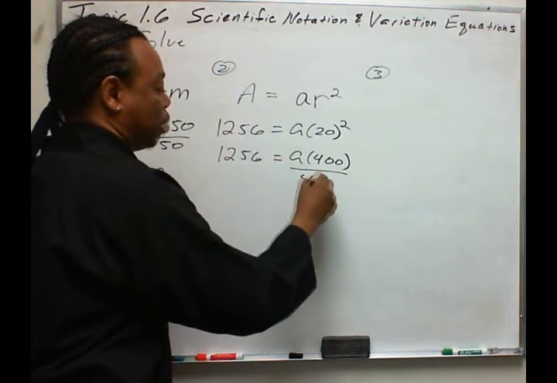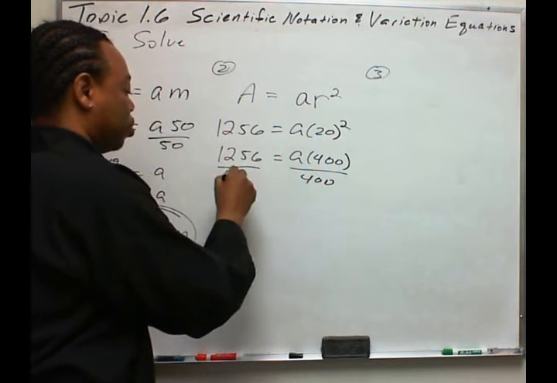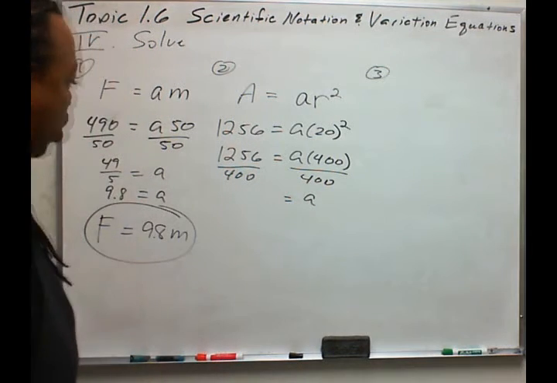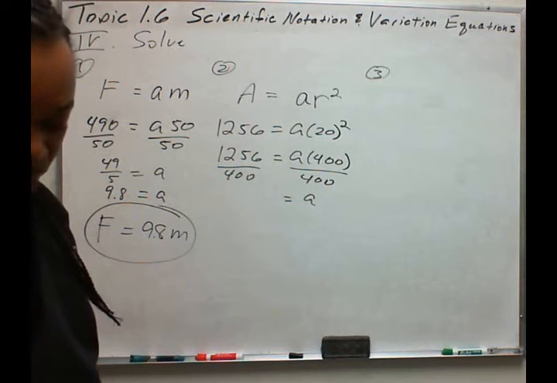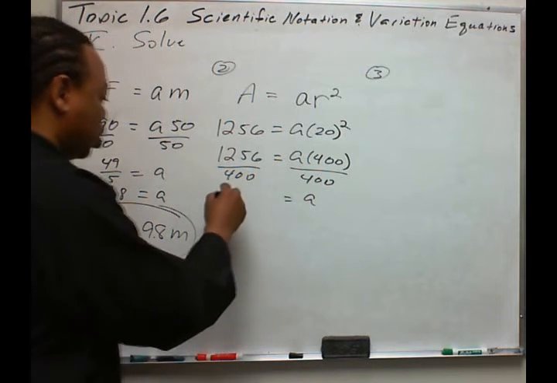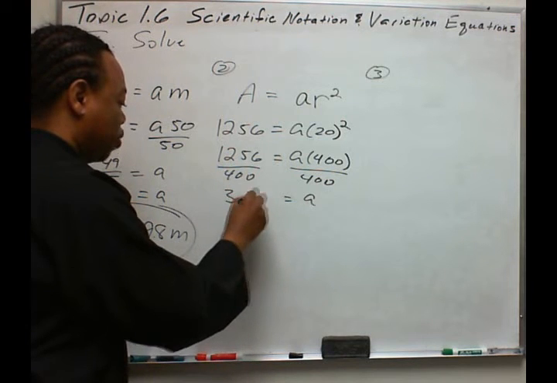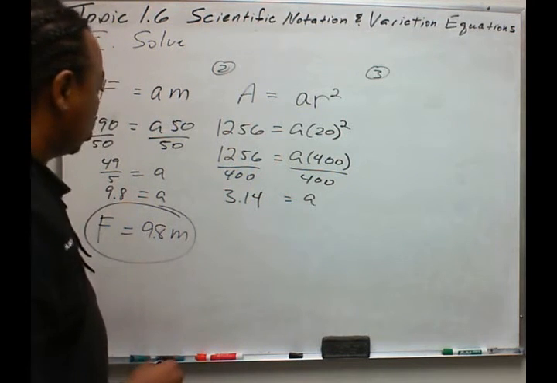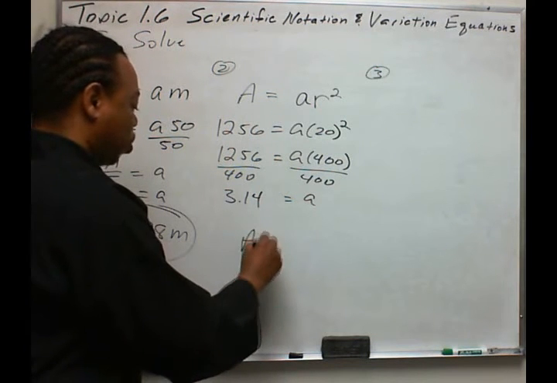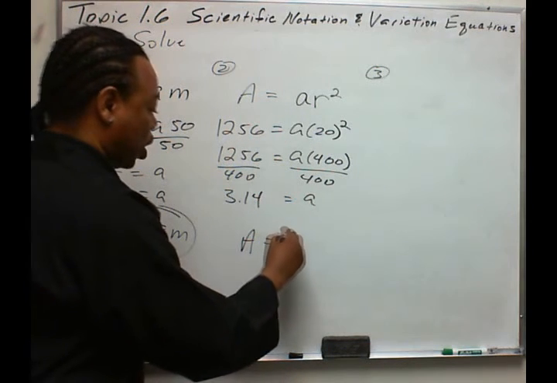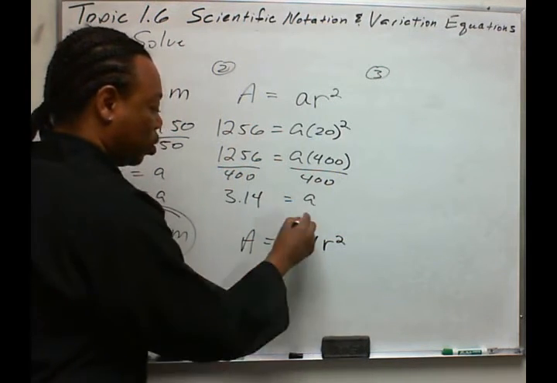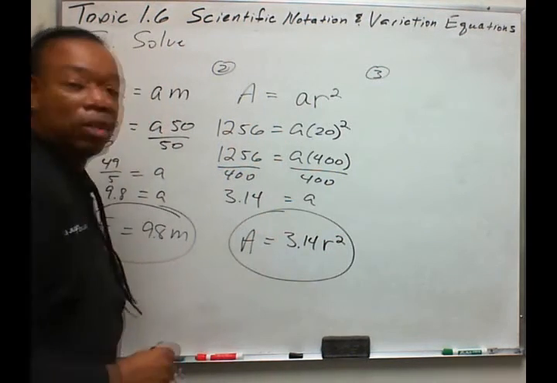Then I'll divide both sides by 400. And 1,256 divided by 400 is going to be 3.14. So this is our a, our constant. So our formula is area equals the constant 3.14 times the radius squared. And that's our variation equation.